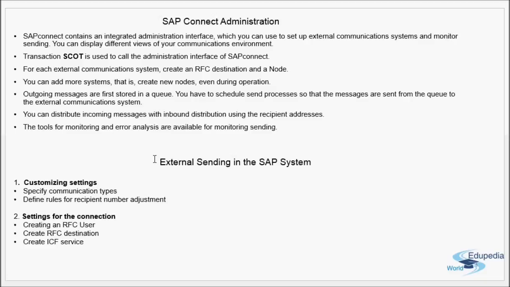That send process pushes all these messages out from the SAP system to the respective target. You can distribute incoming messages with inbound distribution using recipient addresses. And there are tools for monitoring sending, and you have various tools also for monitoring and error analysis.